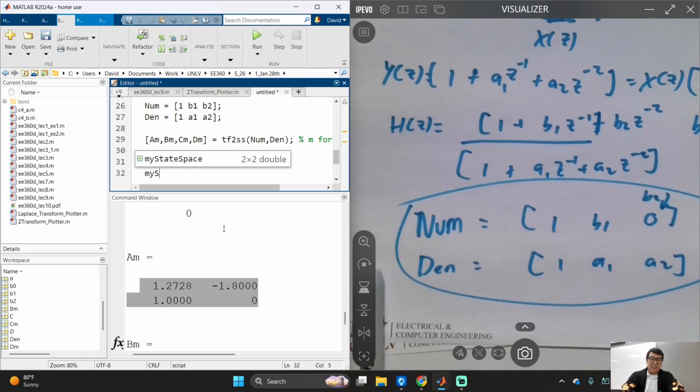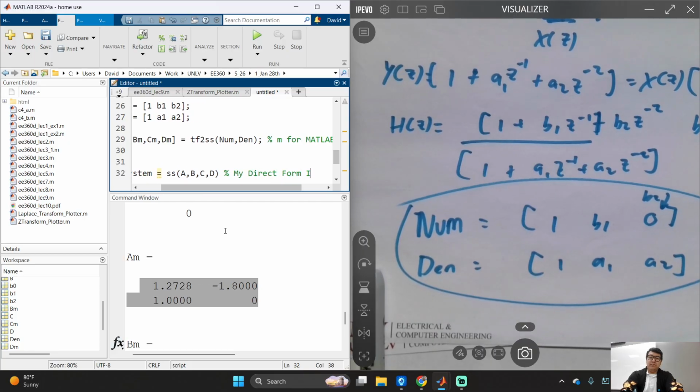My system is going to equal state space of A, B, C, D, okay? And note, this right here is for my DF1, right? Direct form, okay? I'm gonna run this.